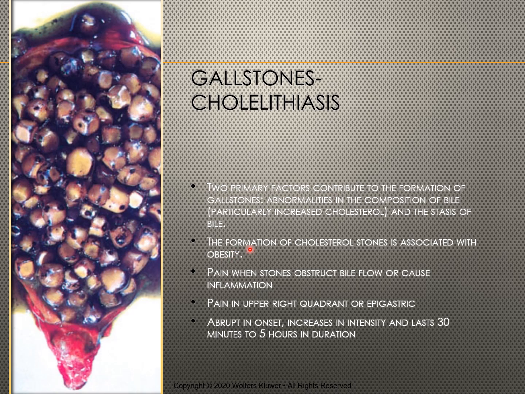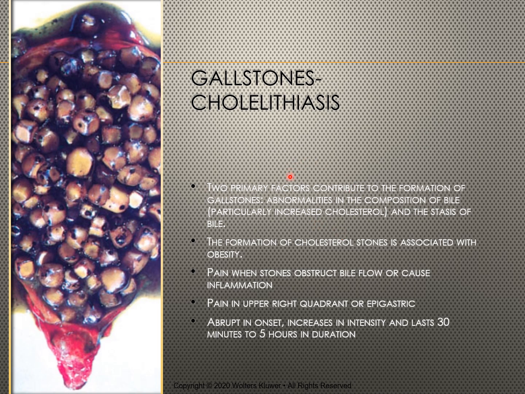So one of the things that can go wrong in that gallbladder system is the development of what we call gallstones or cholelithiasis. So there are two primary factors that contribute to the formation of gallstones. One is an abnormality in the composition of the bile, particularly if we see a significant increase in the amount of cholesterol in the bile.